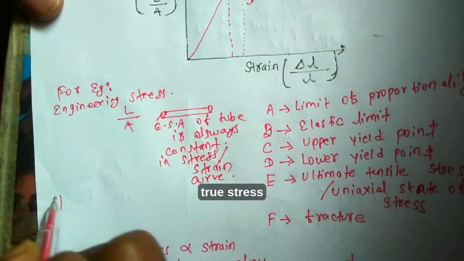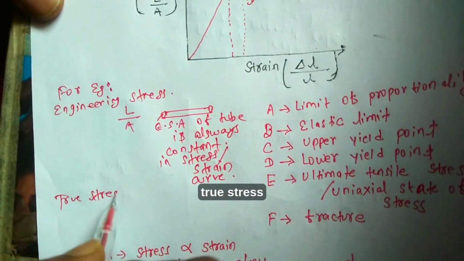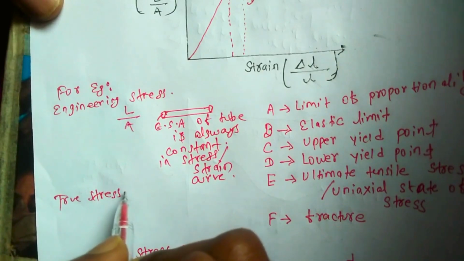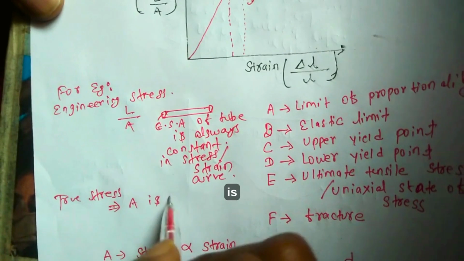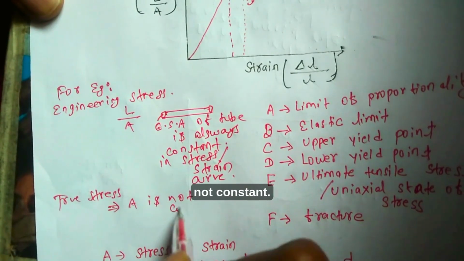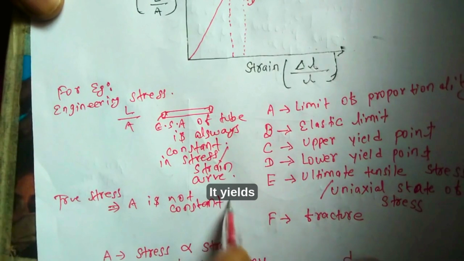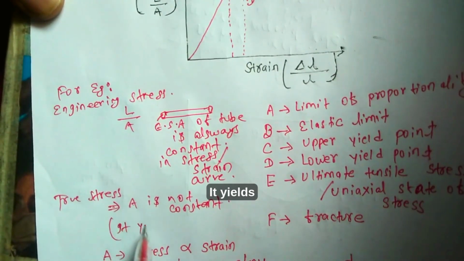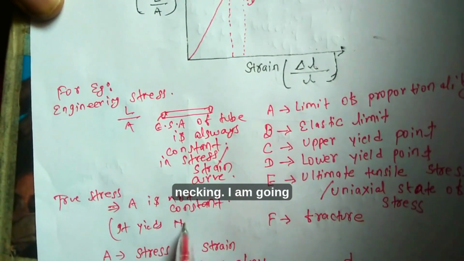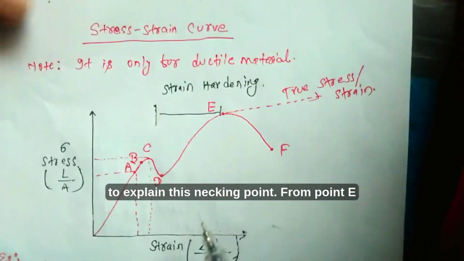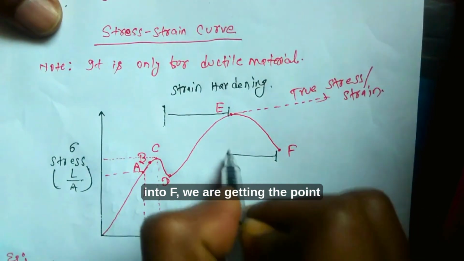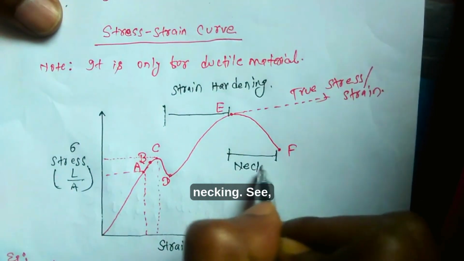But in the true stress strain curve, the area is not constant. It yields necking. I am going to explain this necking. From point E to F, we get necking.